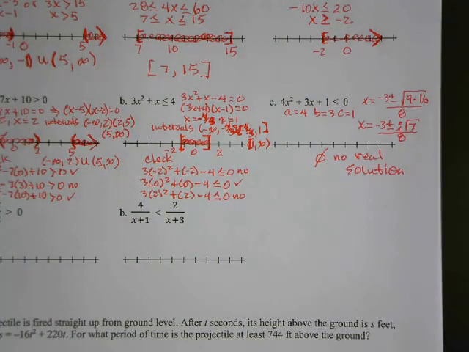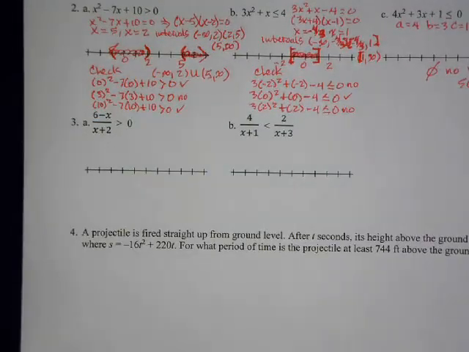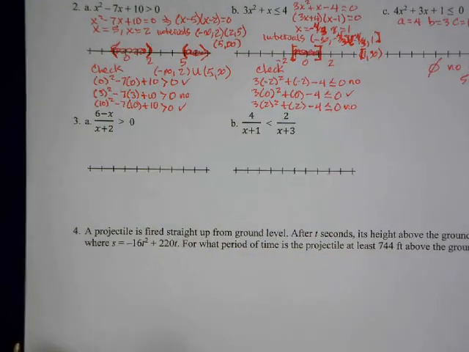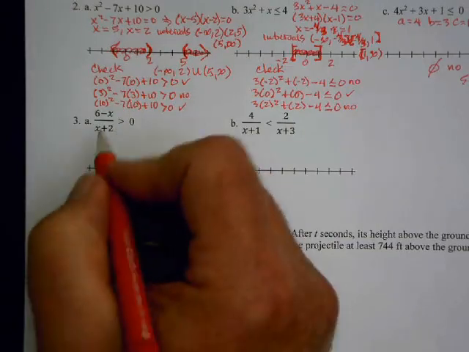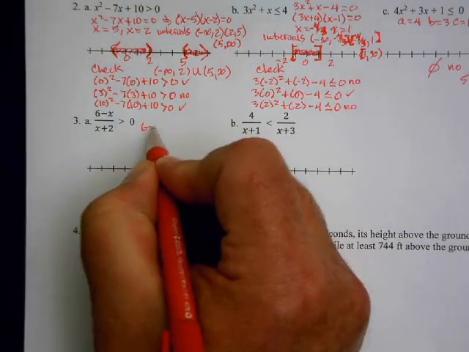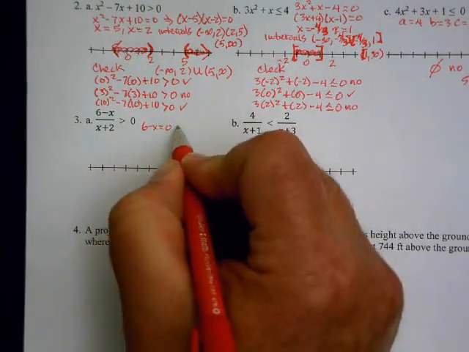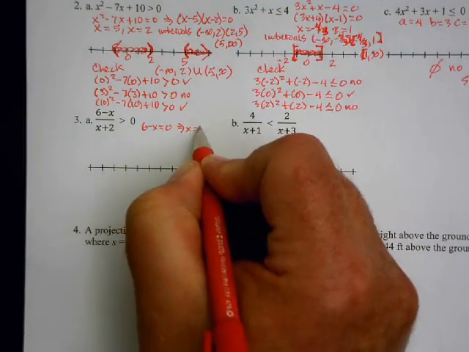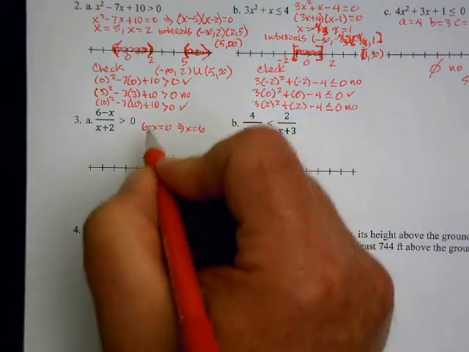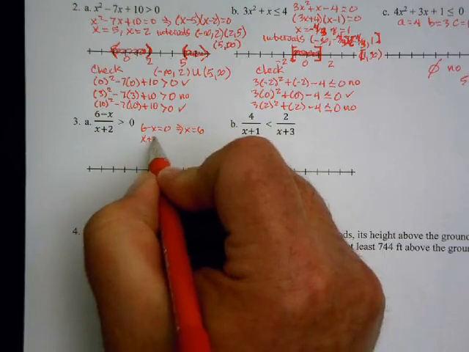All right, a couple of quick examples with the fractions. So in this particular case, set 6 minus x equal to 0. So of course x is 6. x plus 2 equal to 0 leads to x equals negative 2.